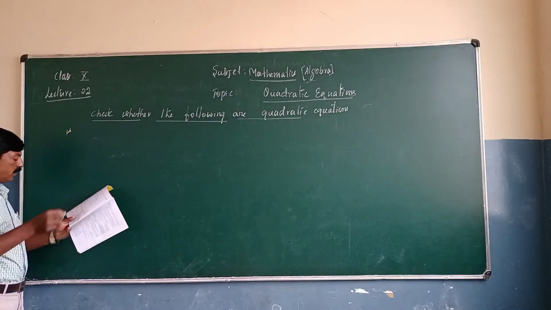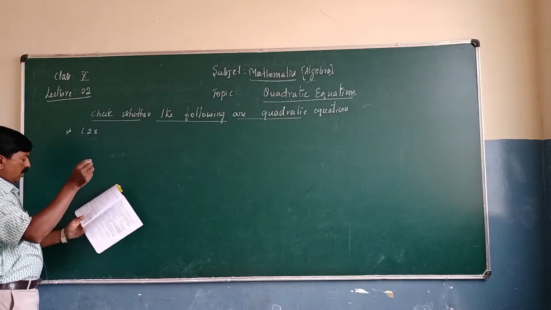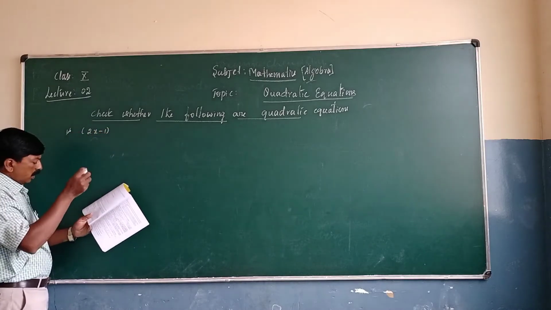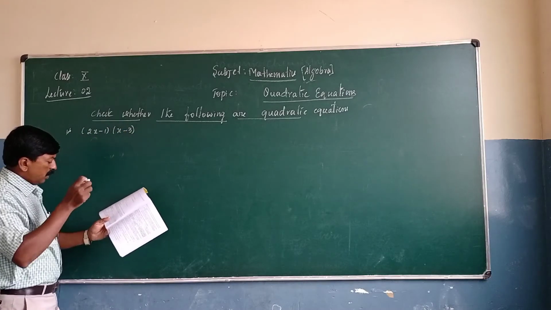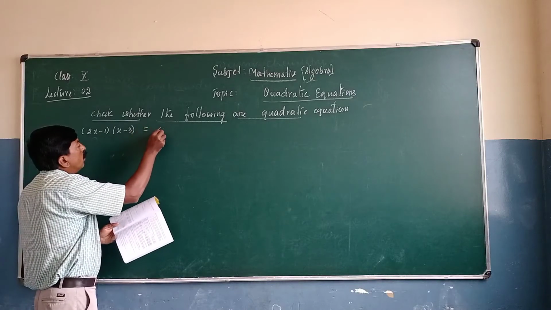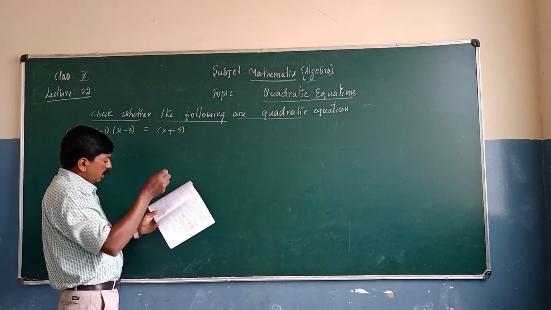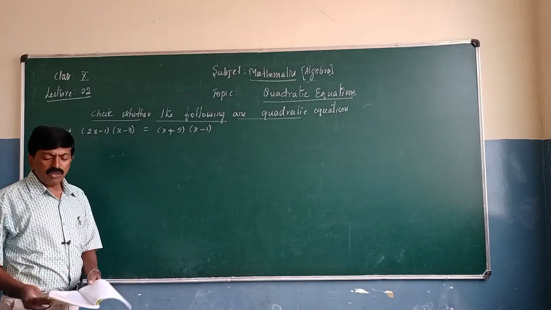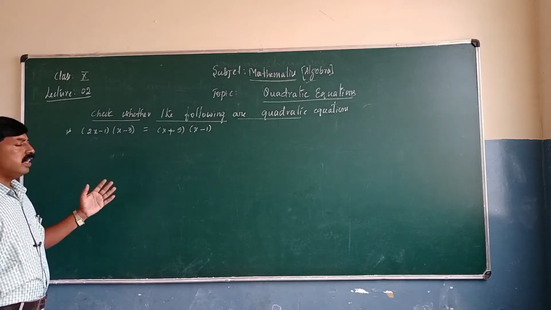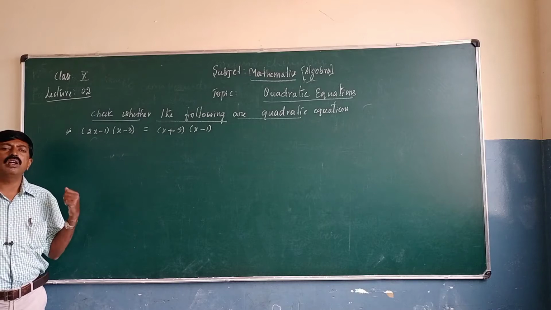Under that, in today's class, the first example: 2x minus 1 into x minus 3 is equal to x plus 5 into x minus 1. Now you have to check whether the given equation is a quadratic equation or not.